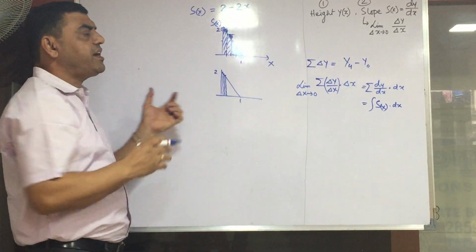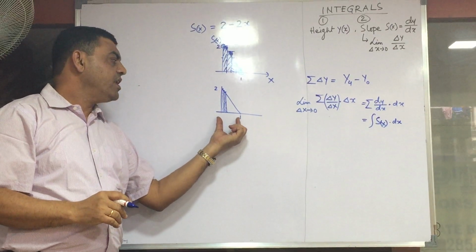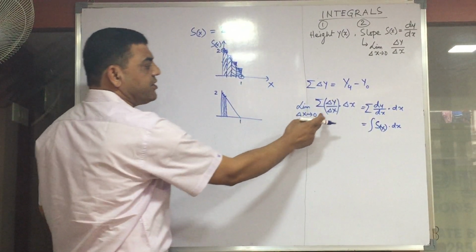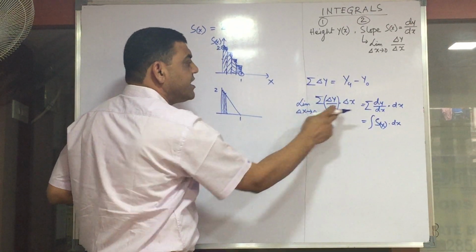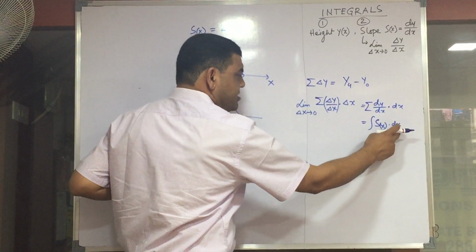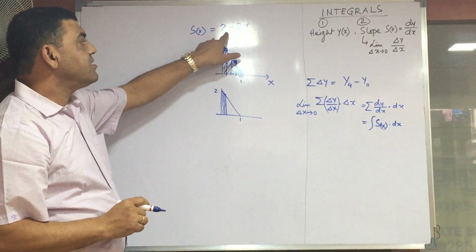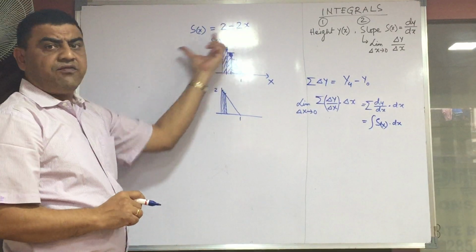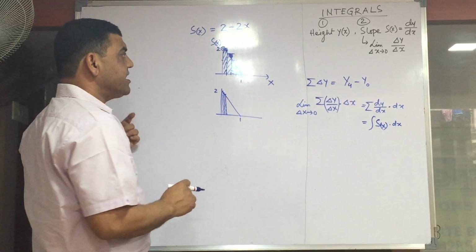So if we can make it even smaller and smaller, if we can split it into a very large number of fractions, that means we are talking of this approach where delta x is tending to 0, and the summation of the products is going to give me the perfect area. Let us do this. This is what it is, and we want to find it using the approach of integration.